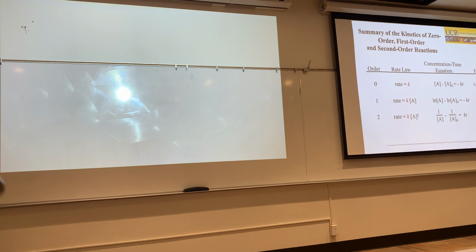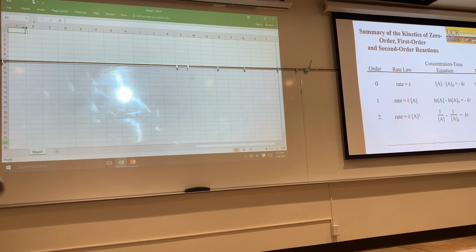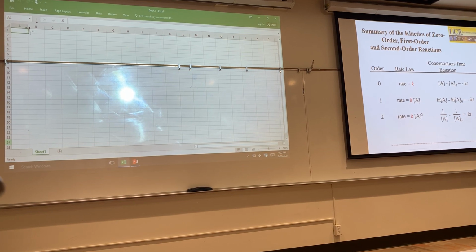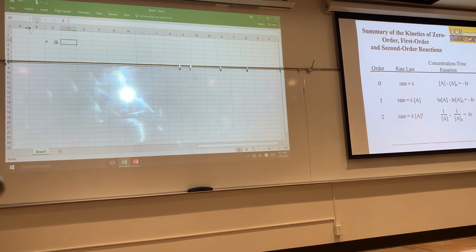But if we are working with Excel, then of course we don't have a problem at all. If we are working with Excel, we would now do the same setup as we would have otherwise.